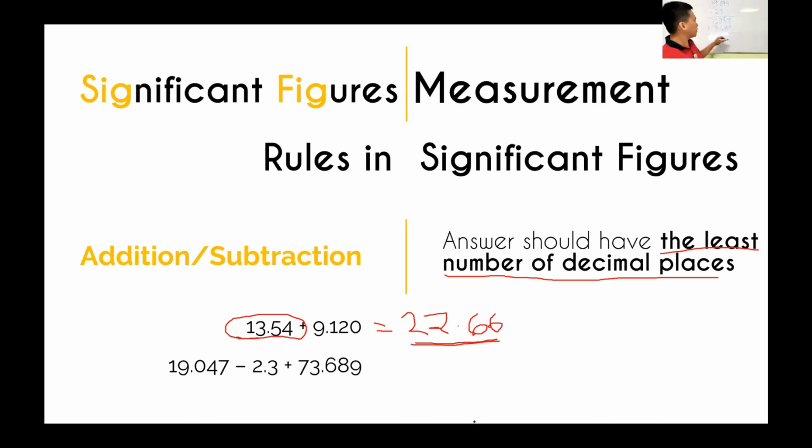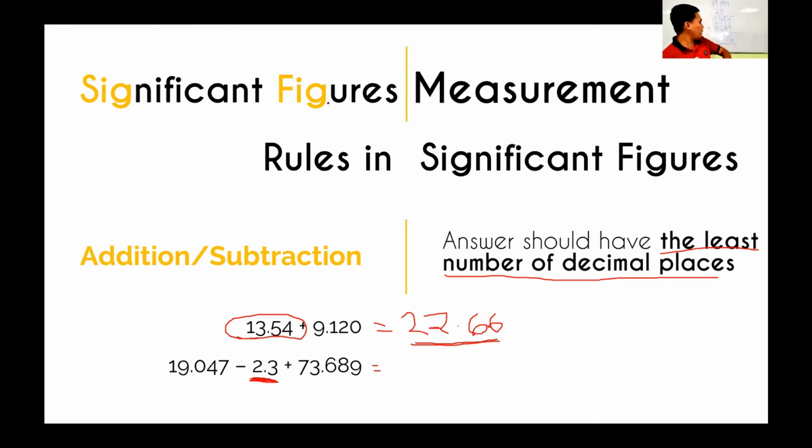We have 6, carry 1, 13, carry 1, so 14, carry 1, 10, carry 1. So we have 90.436. But according to the rule, we should follow the least number of decimal places. According to the given, 2.3 has the least number of decimal places, which only has 1 decimal place.